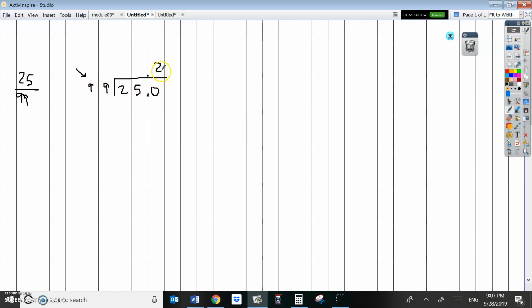So put a 2 here. You know that 2 times 100 is 200, so take 2 away and you get 198. Subtract. And then you bring down a 0.